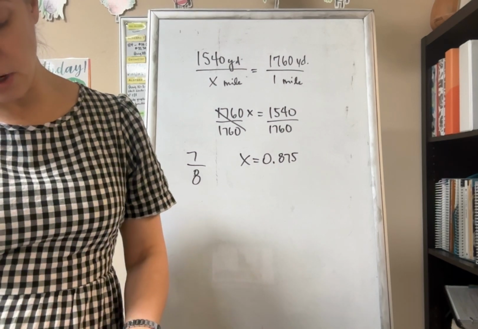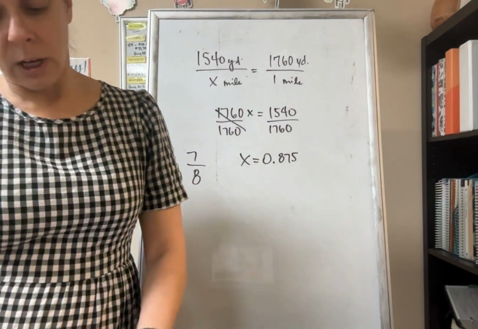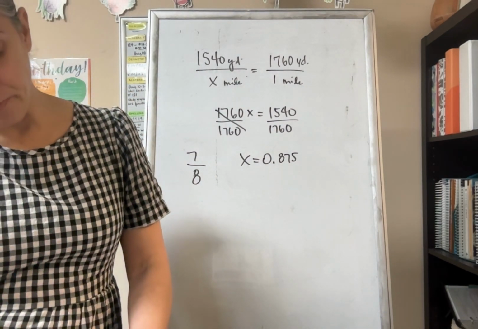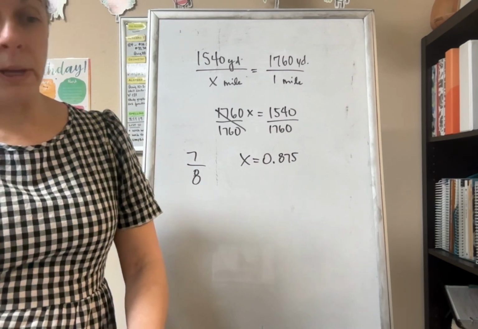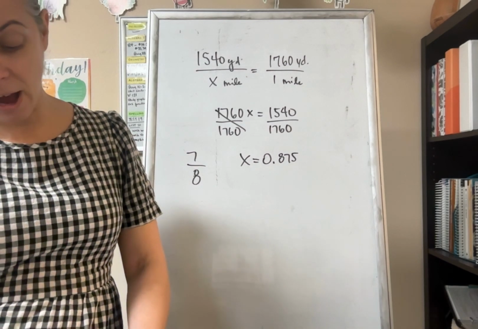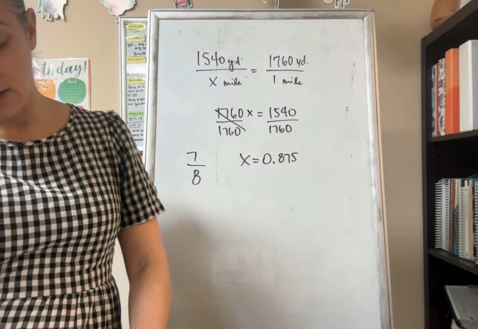Now we can also do what we call unit analysis to convert between units of measurement. When we use unit analysis, we're using the concept that when I divide a value by itself, it's going to turn into 1, right?